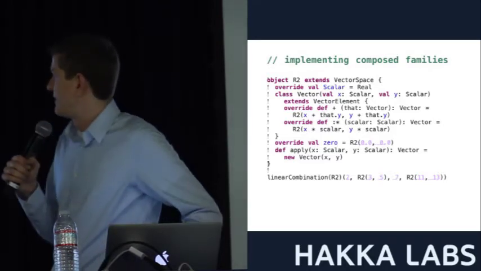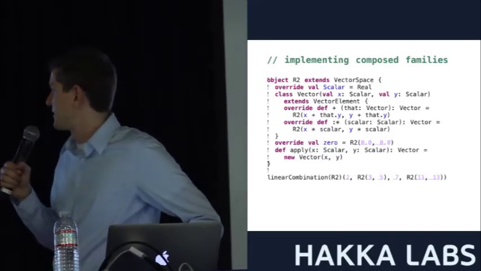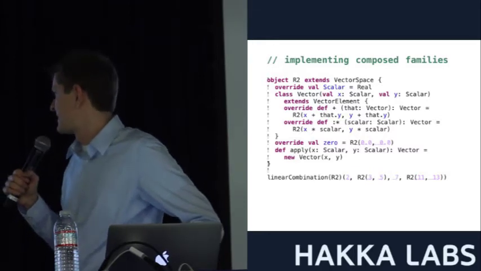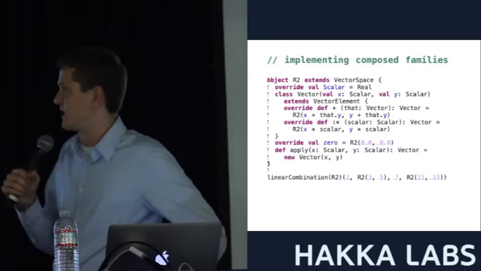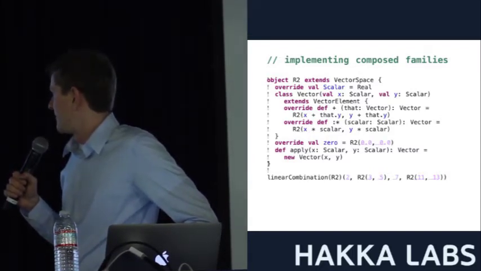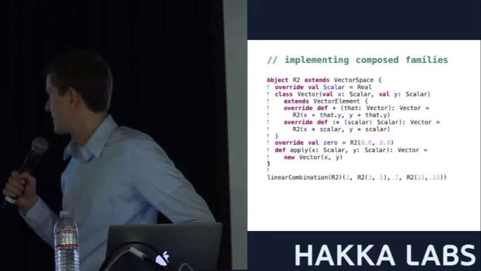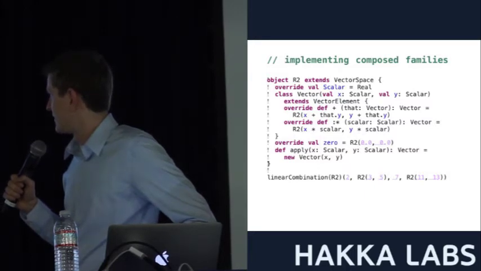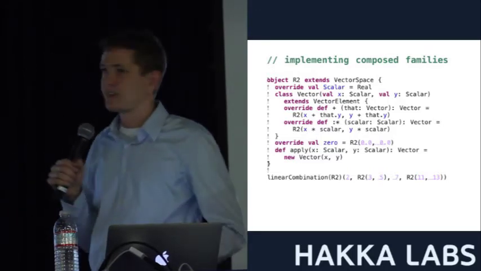And also remember that this is a value type, so it's not boxed. This is using 16 bytes of memory to represent the vector, plus all the junky object overhead. And we can have a factory method to make vectors, define our zero vector, and our scalar multiplication and addition. Nice and concise, right?